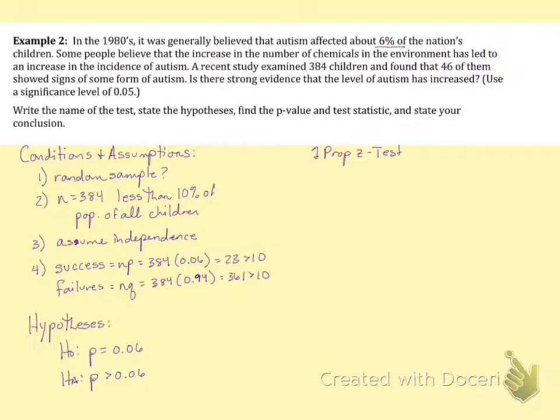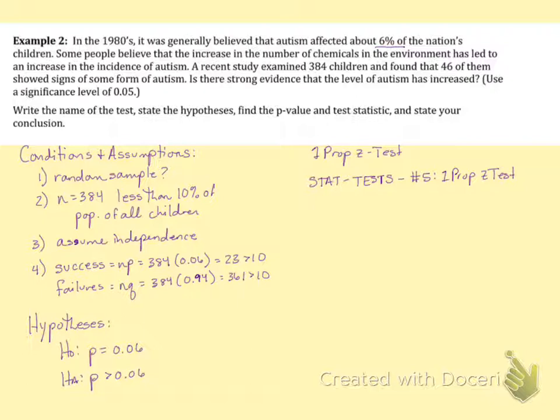To do this, we're going to use our calculator. I know that there's lots of videos showing you how to do all of this by hand. Remember, I don't want you to run any confidence intervals or any tests by hand. So we're going to go to your calculator. You're going to go to Stat, Tests, and choose number 5, which is the 1-prop z-test.